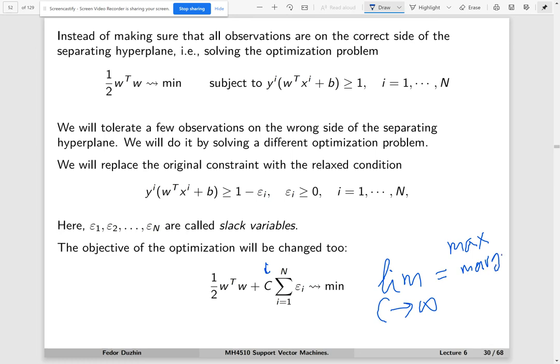Note that it is impossible to take the limit in the objective function. It just doesn't make sense, because then the objective function will be just infinite. But it is possible to hypothetically solve it for every C and to take the limit of the resulting vector w.